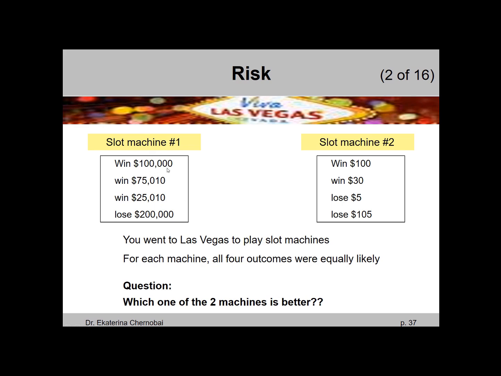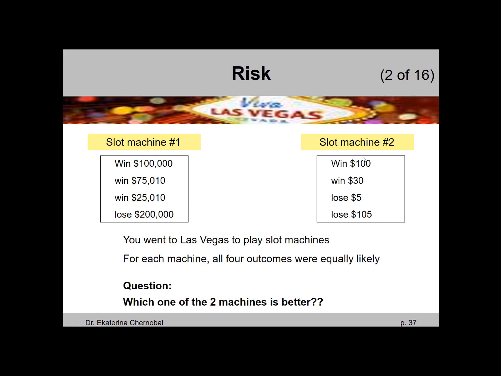You can win $100,000 or $75,010 or $25,010, or you can lose $200,000. If you instead play machine number 2, you can either win $100 or win $30 or lose $5 or lose $105.